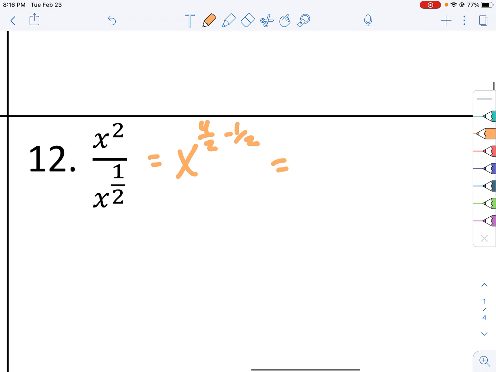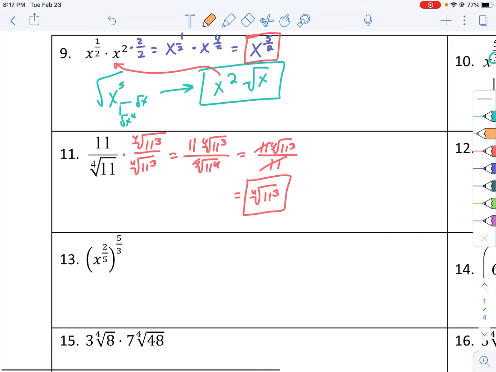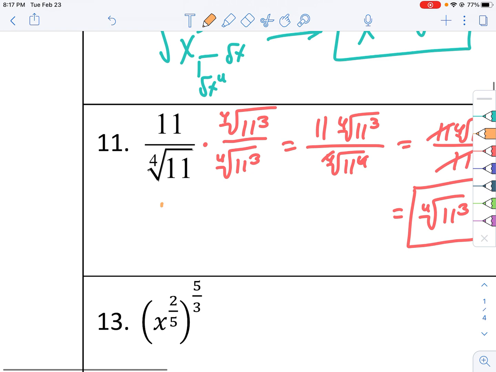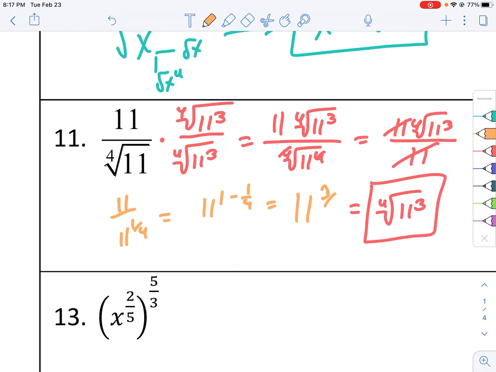So 4 halves minus 1/2 is going to give us x to the 3 halves. All right. We definitely could have done that in the last question. We didn't need to rationalize the denominator like that. You have 11 over 11 to the 1/4 power. That's 11 to the 1 minus 1/4, which gives you 11 to the 3/4, which is the same thing as that right there.